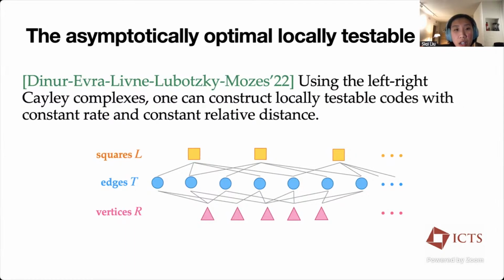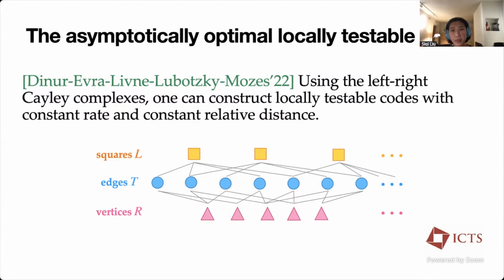In particular, these are the codes due to Dinur, Evra, Livne, Lubotzky, and Mozes. And what they do is they use the so-called left-right Cayley complexes, which I guess you already heard about in David's talk and others' talks yesterday, the construction of this Cayley complex.